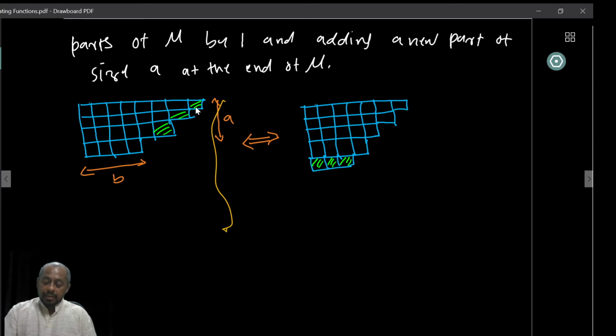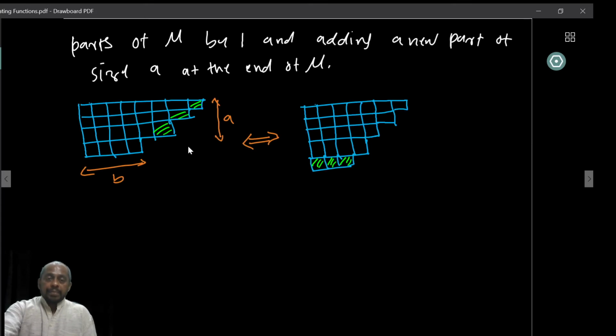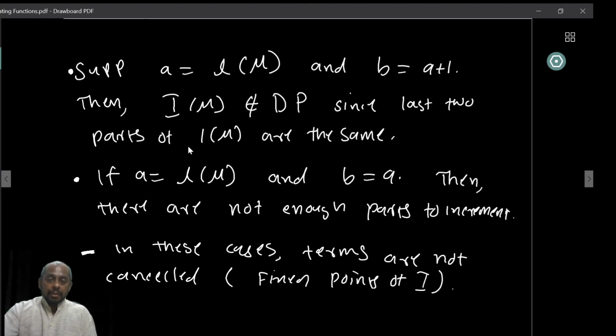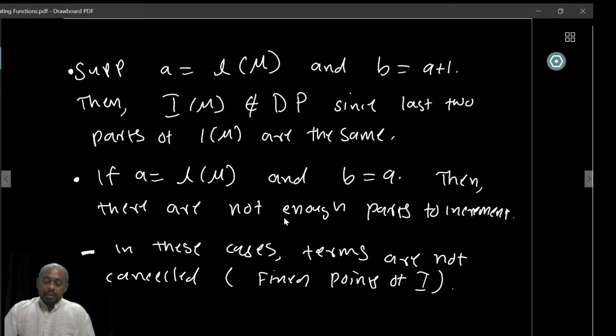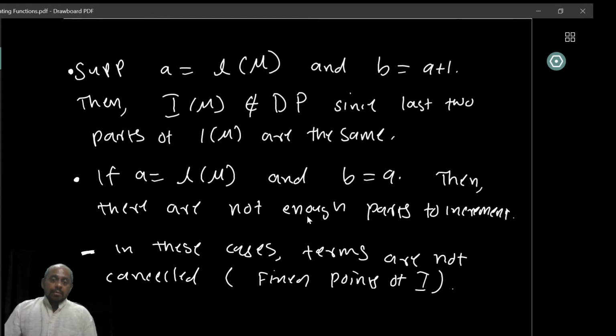I have to distribute this B to each of these parts. That is not possible if the number of parts has suddenly become less. So in that case, again, the involution is not well defined. So we'll take that also as a fixed point.